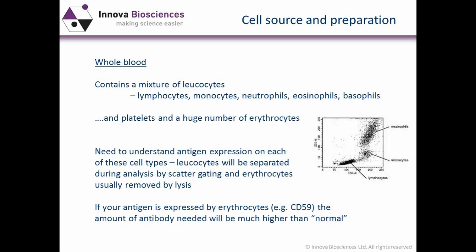You need to understand the antigen expression on each of these cell types. When you're staining with a particular antibody, you need to have an idea of which cells you expect to be stained and where you're going to find them on a scatter profile.